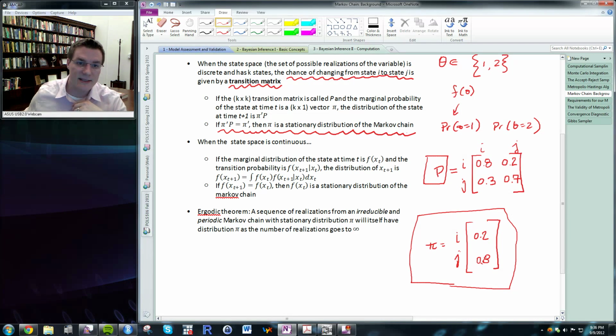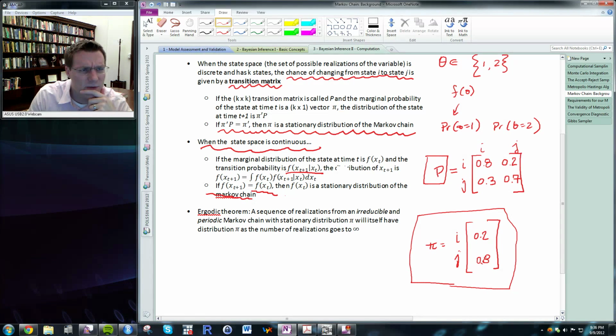There's an analogous statement for when the state space is continuous. Suffice it to say, all this says is that if I have a transition probability function that tells me the likelihood of going into state x_{t+1} given the current state x_t, I find that f of x_{t+1} is equal to f of x_t.